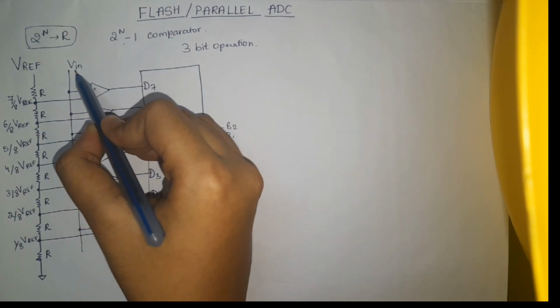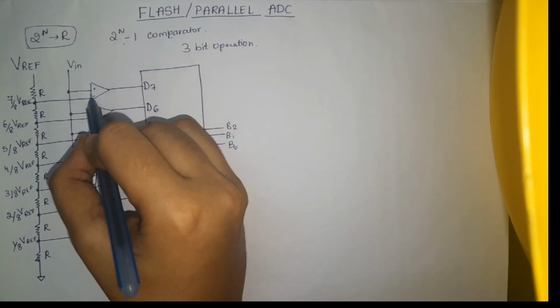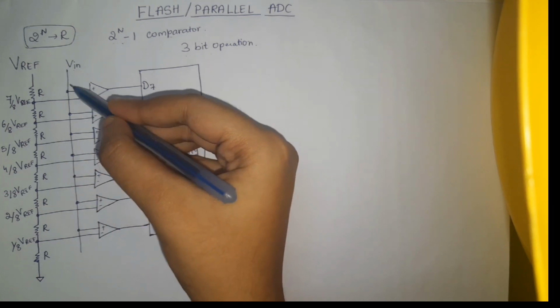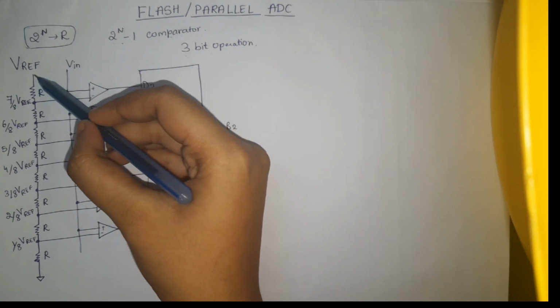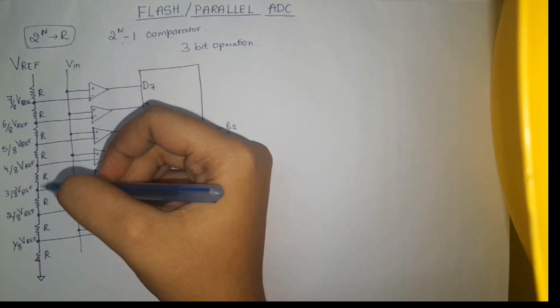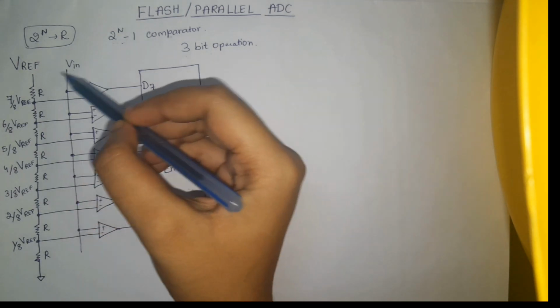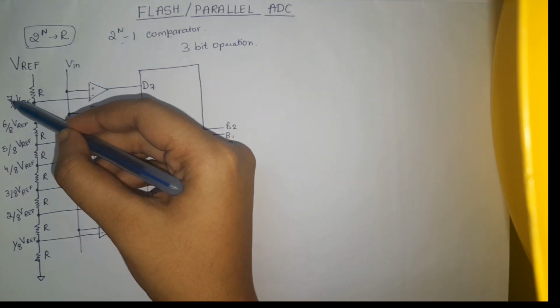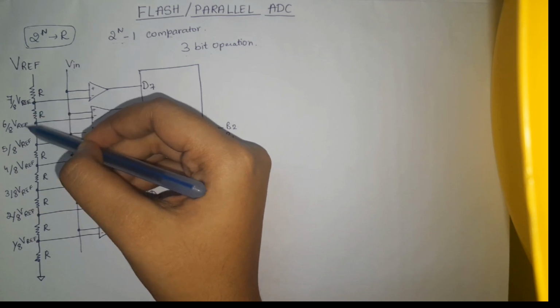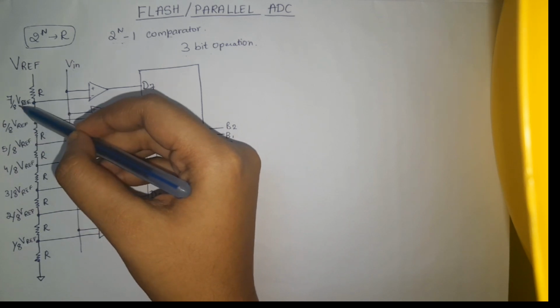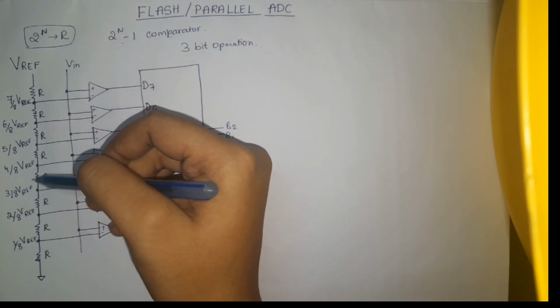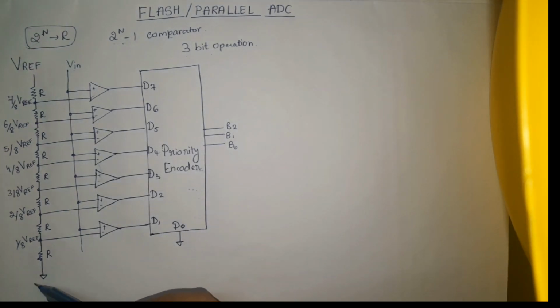The analog input Vin is provided to the non-inverting terminal of the op amps as shown here, and V reference is segregated into 2^n minus 1 branches, and the values will be 7 by 8, 6 by 8 times V reference at these branches, and here it is grounded.